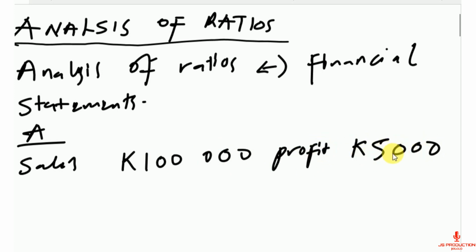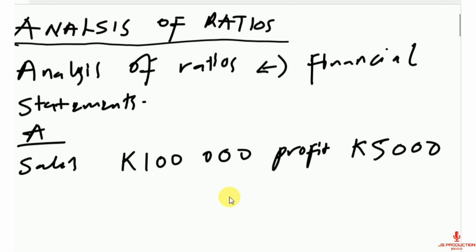From these two pieces of information, the sales and profit, the users cannot make an informed decision. This is because it's only for a single company, and the user doesn't know the amount of sales or profit that was made in the previous statement.